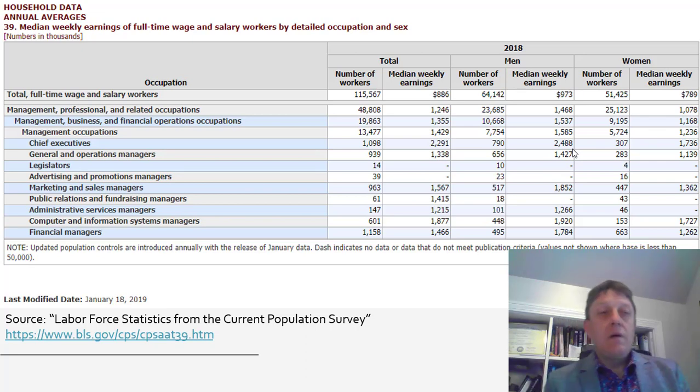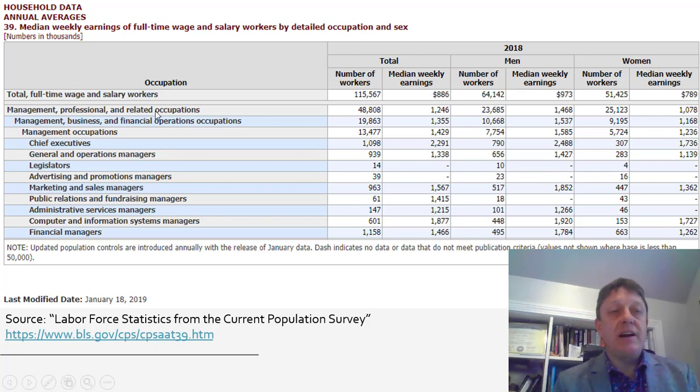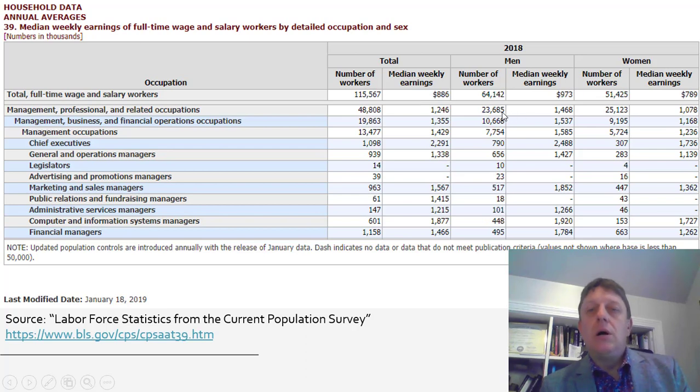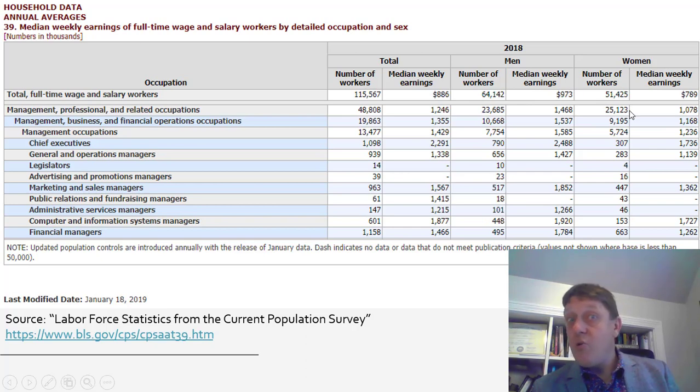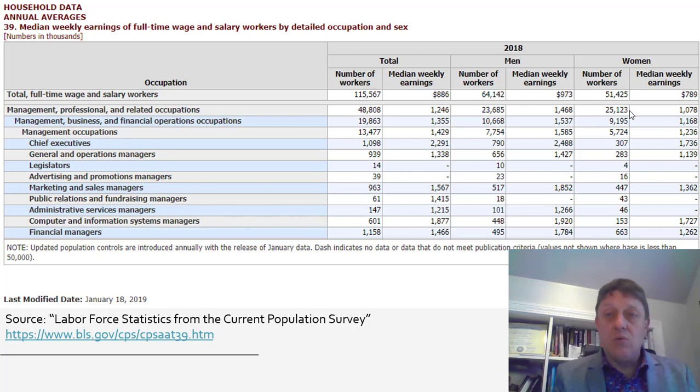So, for instance, management, professional, and related occupations overall, we have 23,685 men compared to 25,123 women. That's roughly equal, as opposed to legislators, where there are 2.5 times as many men as there are women, which is a big difference.